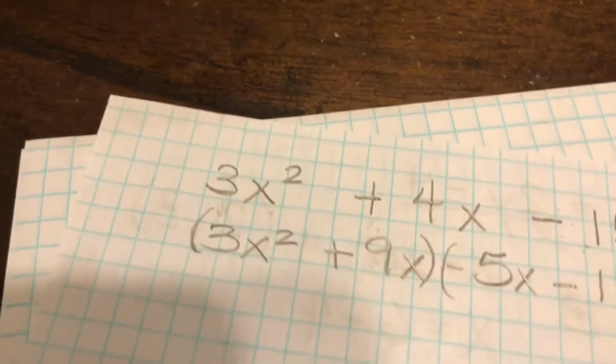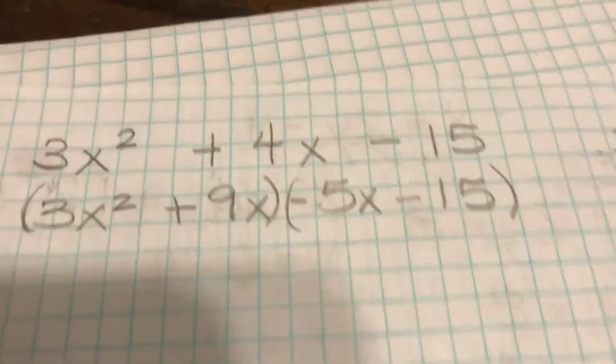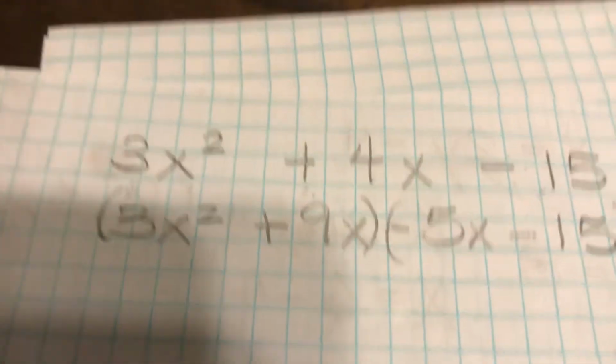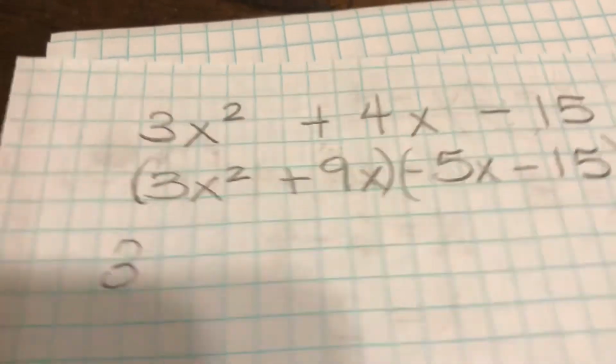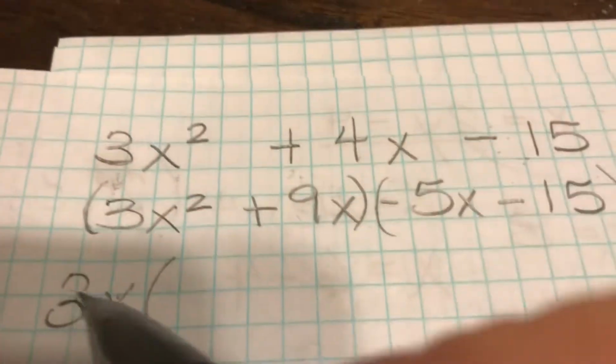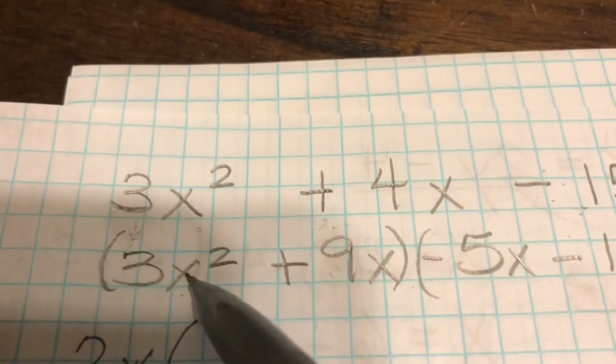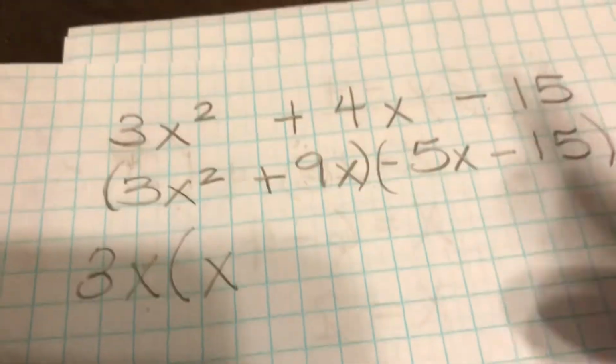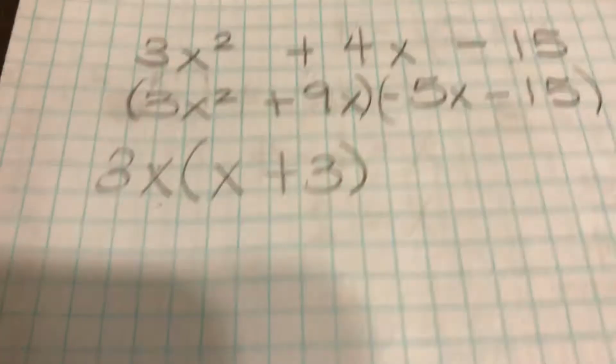Okay? And I'm going to look and say, okay, 3 and 9 have a 3 in common, so I'm going to pull that 3 out. Well, they also have an x in common, so I'm going to pull the x out. Okay. Well, 3x times x would give me 3x squared, so I'm going to put an x right here. 3x times 3 would give me 9x, so I'm going to put a plus 3 right there.